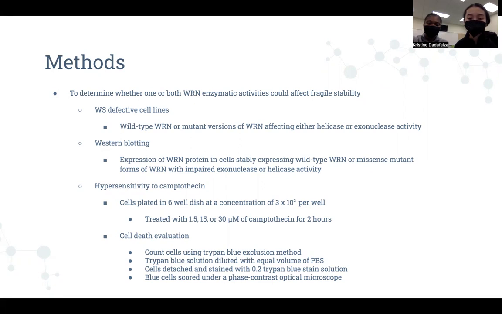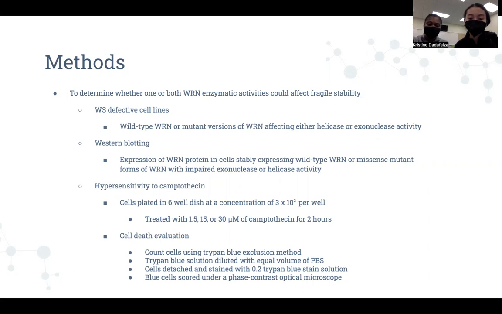Then they utilized Western blotting to show the expression of WRN protein in cells stably expressing wild-type WRN or missense mutant forms of WRN with impaired exonuclease or helicase activity. In addition, hypersensitivity to camptothecin, a characteristic cellular phenotype of Werner syndrome cells, was tested.